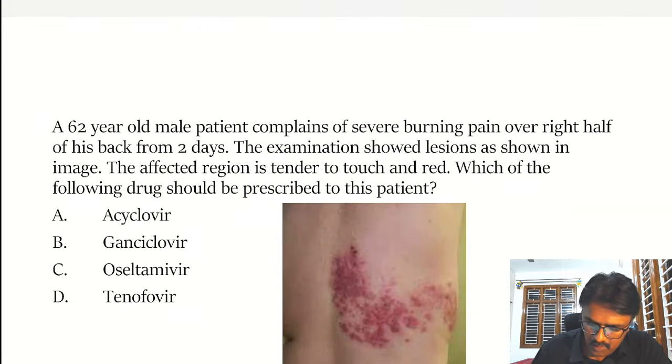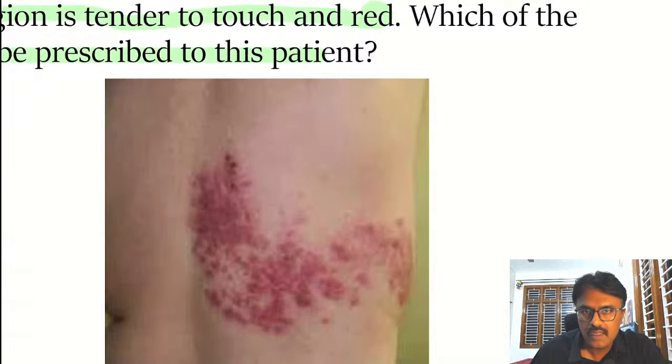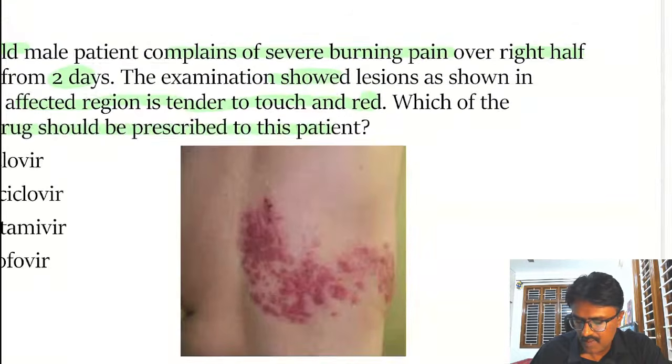A 62-year-old male complains of severe burning pain over the right half of his back for 2 days. The examination showed lesions as in the image. The affected region is tender to touch and red. Which of the following drugs should be prescribed? You can see the rashes, the fluid-filled vesicles.